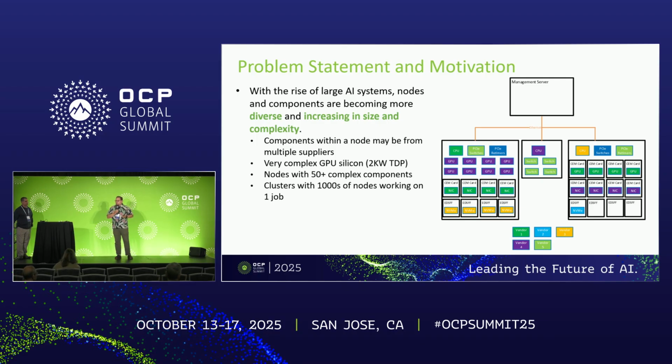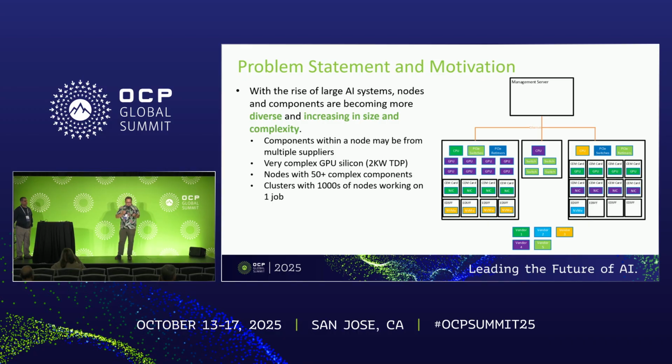The complexity of our systems is growing and growing, right? Meta called it ludicrous scale. We are facing a reality where we have data centers built up of diverse nodes that are made up of diverse and complex components coming from multiple vendors.